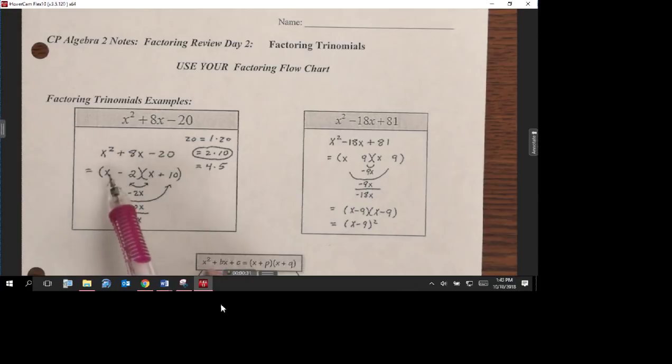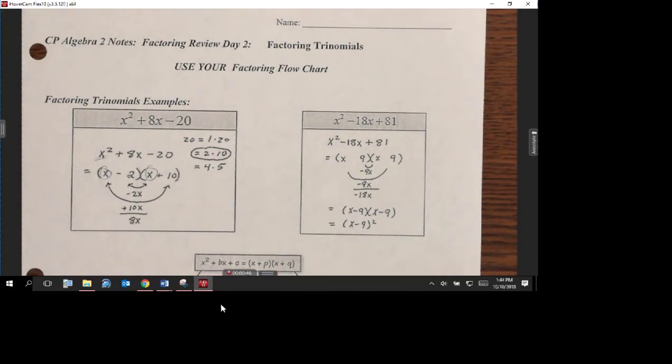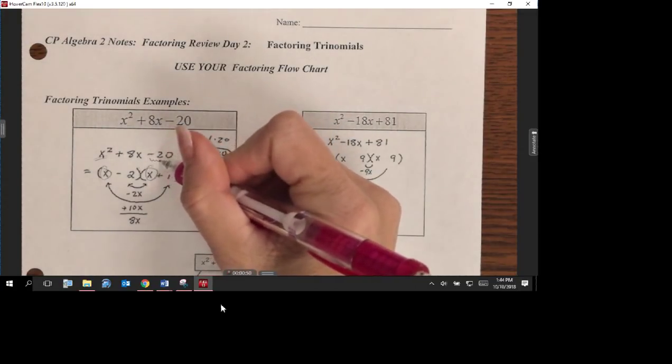What you're going to do is first start by opening two parentheses. And then you're going to look here and say, what multiplies together to give you x squared? X and x. So that's how they got those x's. Then the next thing you're going to do is look at the last term.